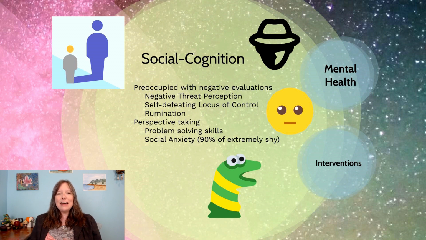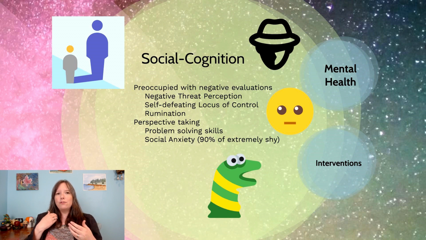And so this is the idea that a neutral, ambiguous situation tends to be perceived as very problematic and very anxiety-provoking for shy children. In addition, when they think about their interactions with others, they tend to experience what we call a self-defeating locus of control. This is the idea that when something goes wrong, they blame themselves.